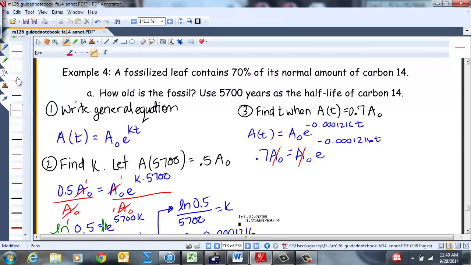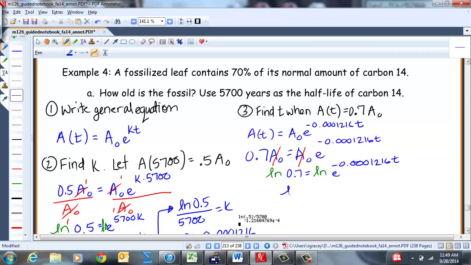So applying the natural log to both sides, we get natural log of 0.7 is equal to natural log of e to the negative 0.0001216 times t.